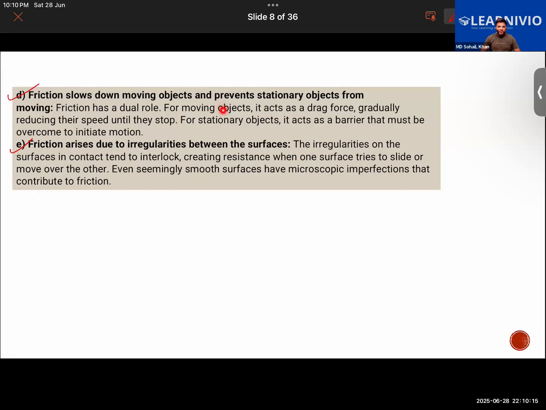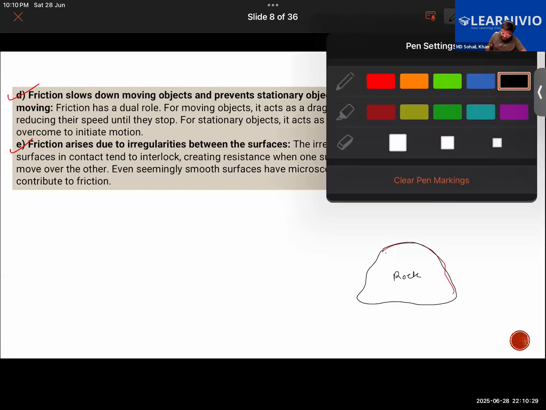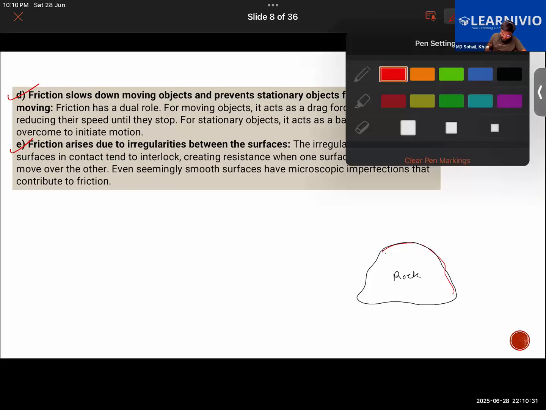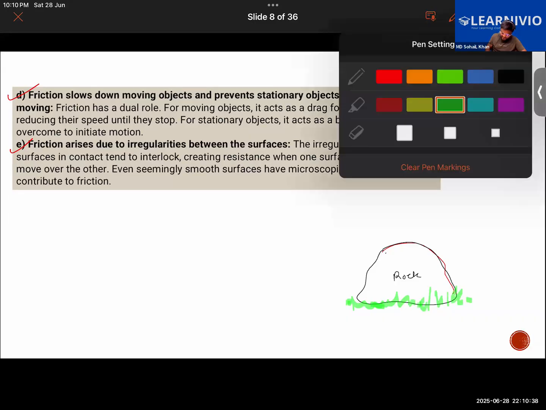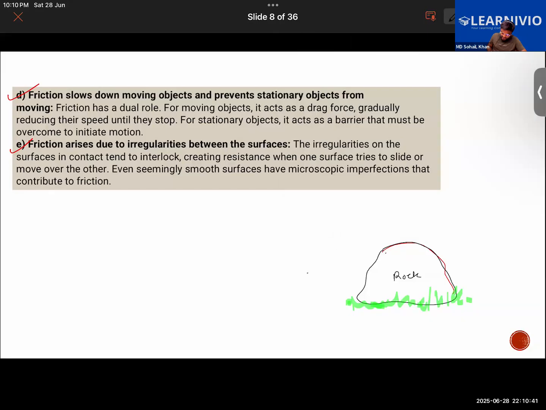Okay, so if there's a stationary object, like a piece of rock, a giant piece of rock, placed over the grassland, like this, and in order to make it move, I must break the barrier.